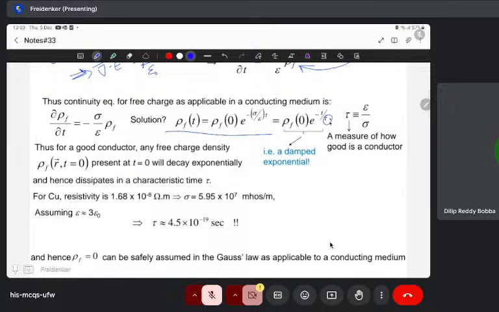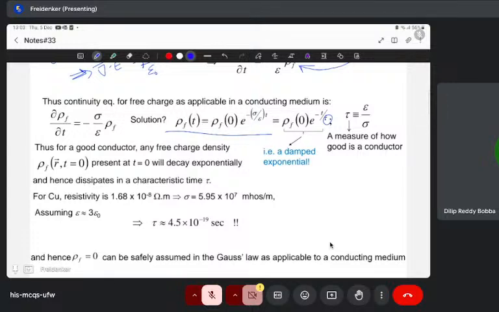Okay, so what I understood from this slide is, if you have a conductor, and a conductor means it has free charges in it, the moment some current flows through it, the free charges should take very little time to get dissipated. How do you know the rate of dissipation in things?